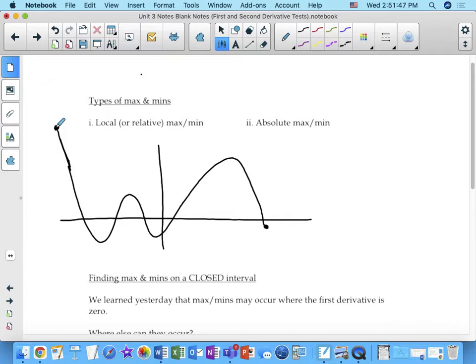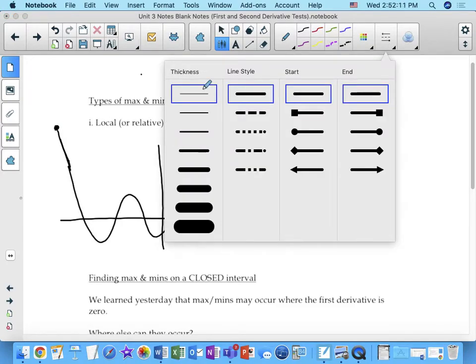Have you guys heard that there are two types of max and min points to a function? An absolute max or a local max, or an absolute min or a local min? Have you heard of those words before? Okay, cool. Let's talk about that.